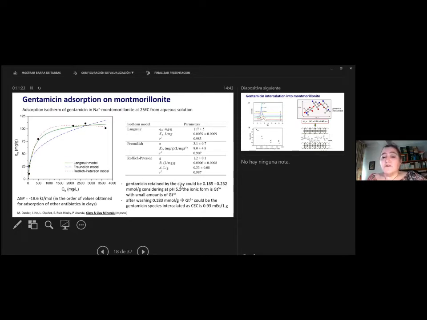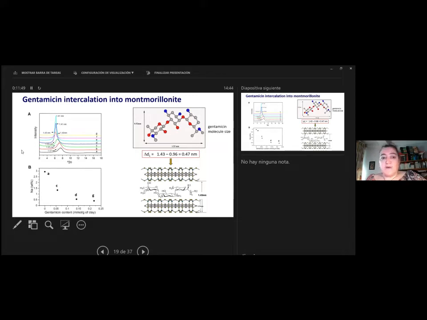The amount of gentamicin you are able to adsorb, especially when you remove the part adsorbed externally that is not well retained, is practically equivalent to adsorbing the molecule with 5 charges, which is the cation exchange capacity of the clay we were using in this work.